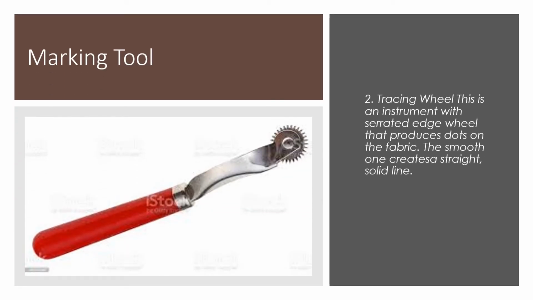Number 2, we have tracing wheel. This is an instrument with serrated edge wheel that produces dots on the fabric. The smooth one creates a straight solid line.